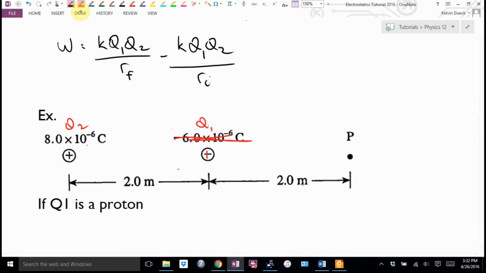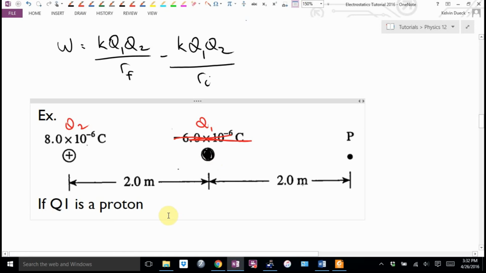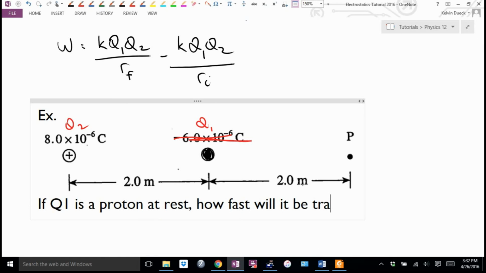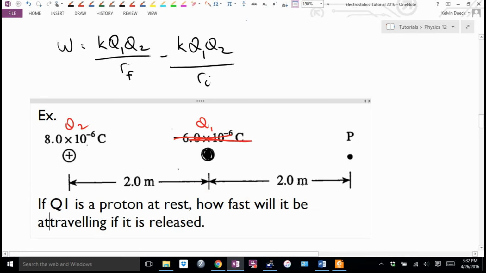Okay? In fact, I'll even color it in. It's a proton. At rest, how fast will it be traveling if it is released? How fast will it be traveling at point P?